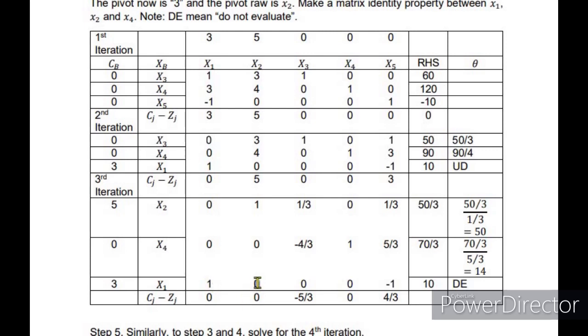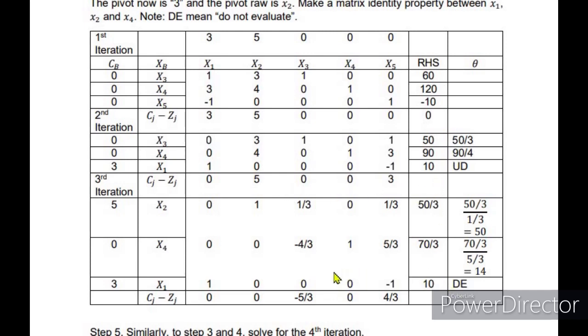So this element should be equal to 0, as well as this element. Okay? So to get those values equal to 0, we will just use the number 0 to multiply in the row of x sub 2. Okay? So if we use 0, then we will just copy paste the original elements, which is 1, 0, 0, 0, negative 1, and 10.